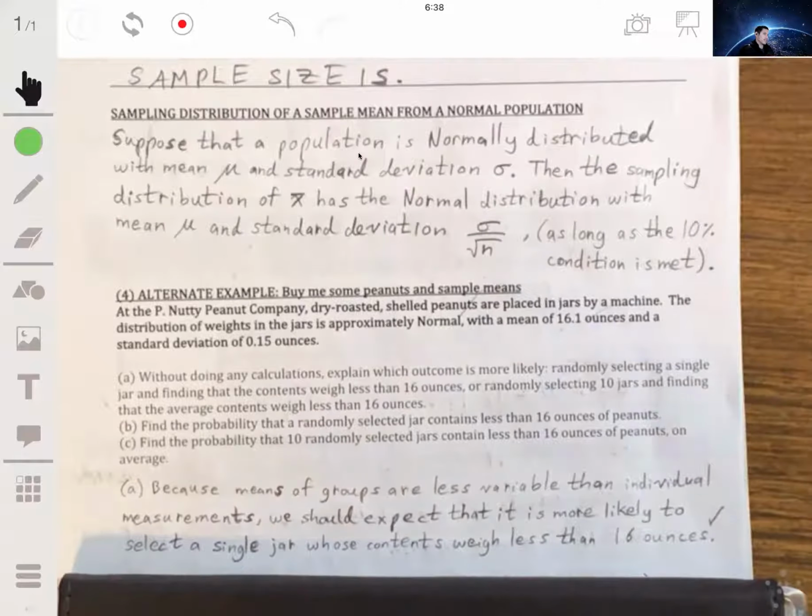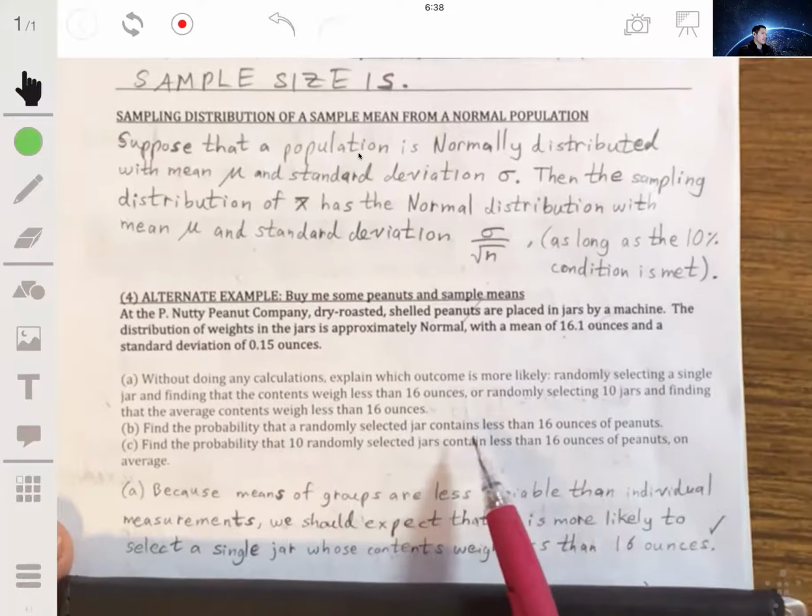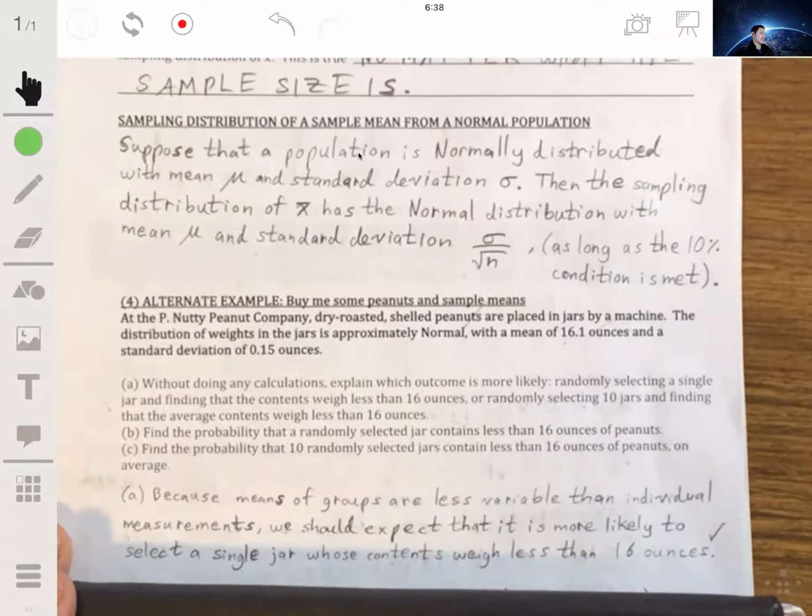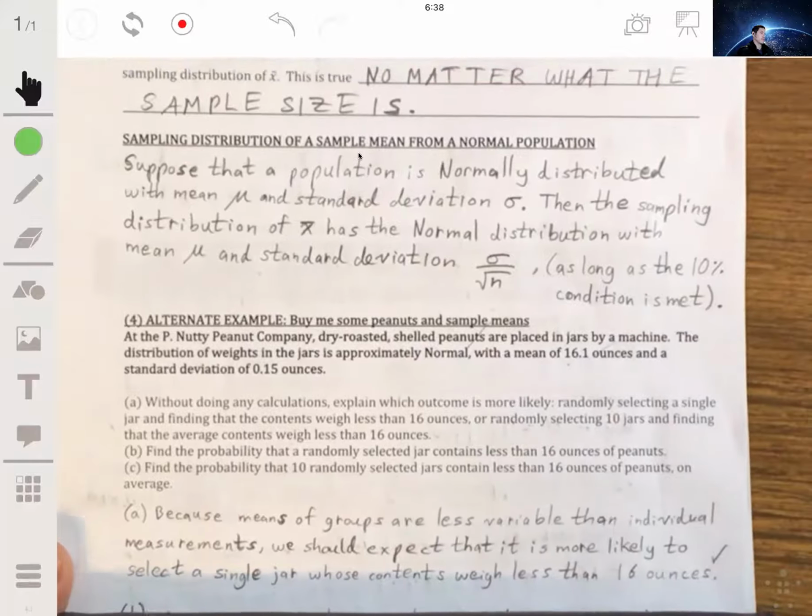But now let's actually do the calculation and see what it is. Let's find the probability that a randomly selected jar contains less than 16 ounces of peanuts. So we're going to see what the chances are to select one.